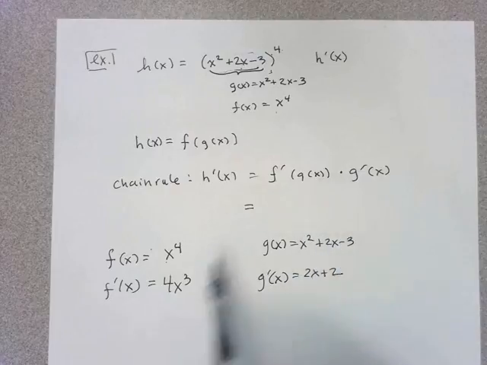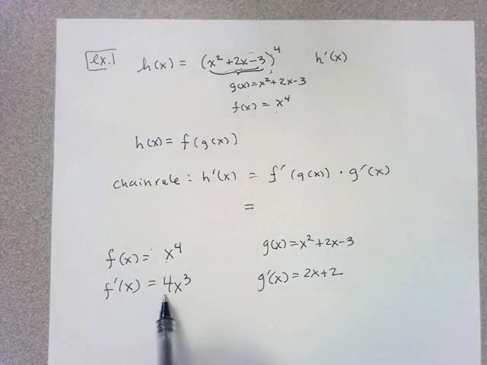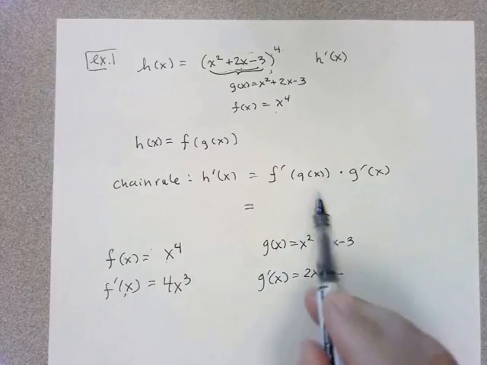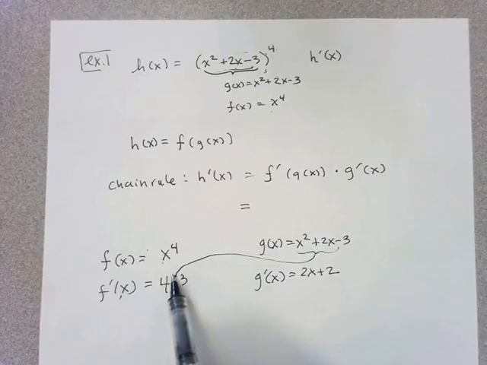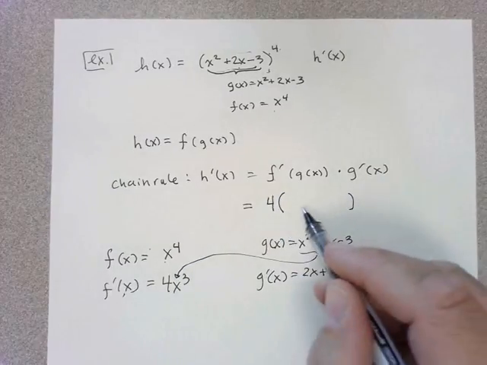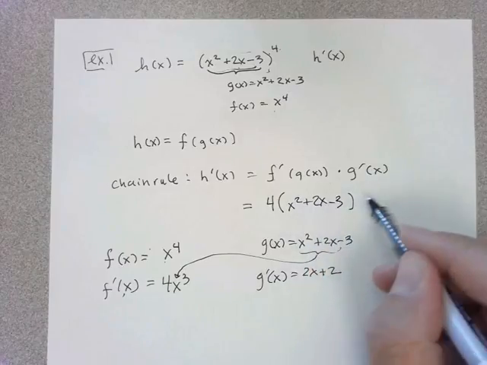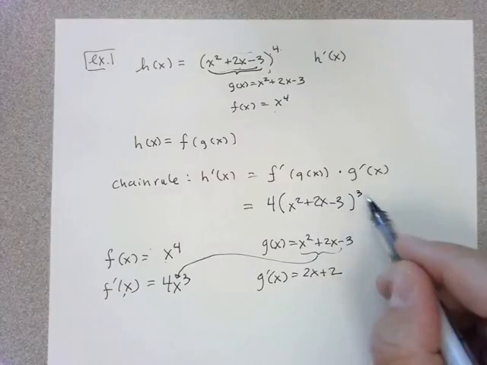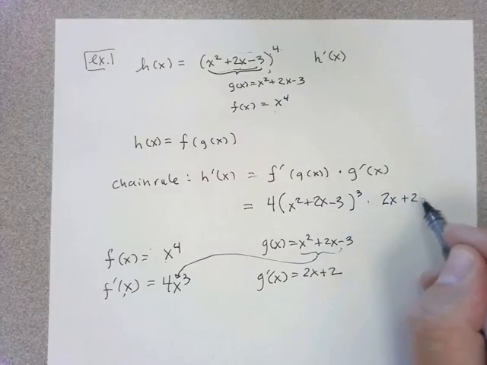And so following this formula, I get f prime, but not f prime of x, f prime with g of x plugged into it. So I get 4 times (x squared plus 2x minus 3) cubed, times g prime of x, which is straightforward.